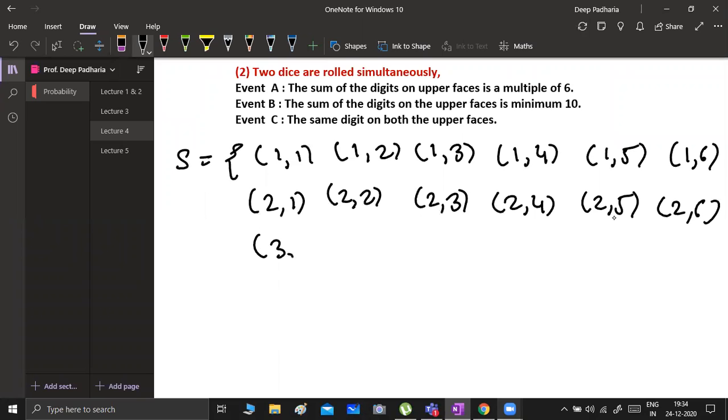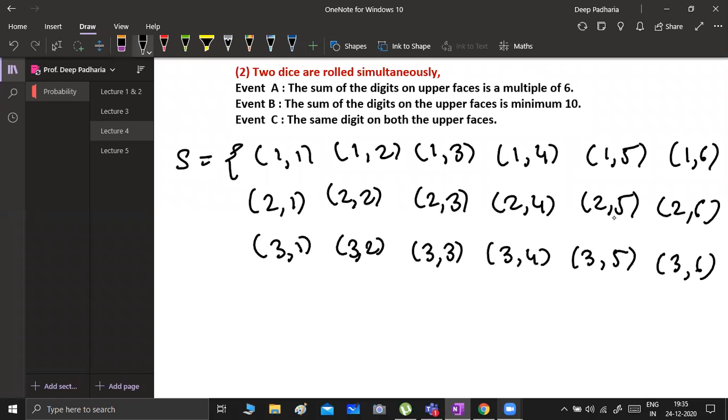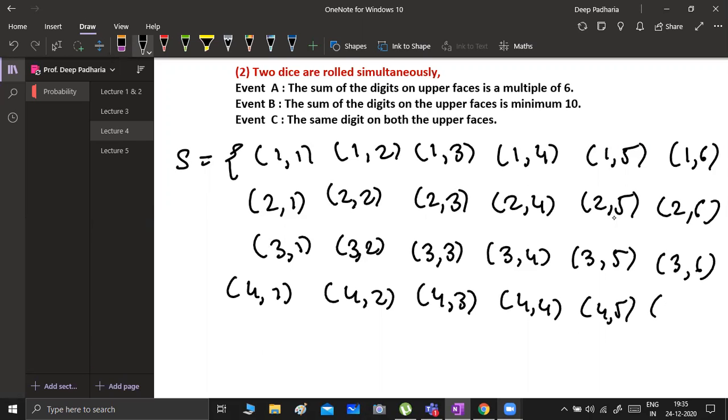Again 3,1, 3,2, 3,3, 3,4, 3,5, 3,6, 4,1, 4,2, 4,3, 4,4, 4,5, 4,6.